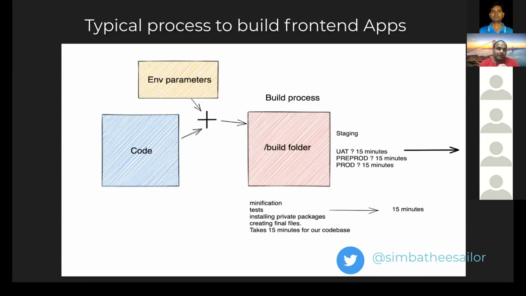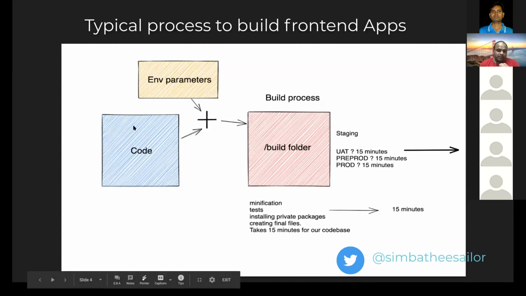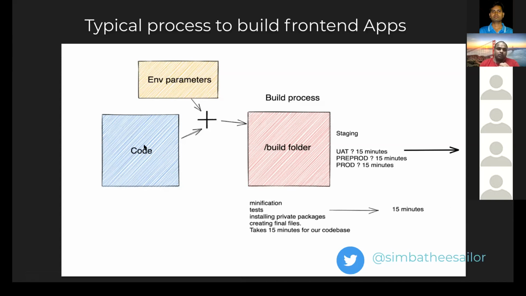Typically, we have some code, shown here in blue, which is in your repository, the code base that you are working on. Then we have some env parameters. In a typical application, we have different endpoints for different environments, such as staging, pre-prod, production, and UAT.